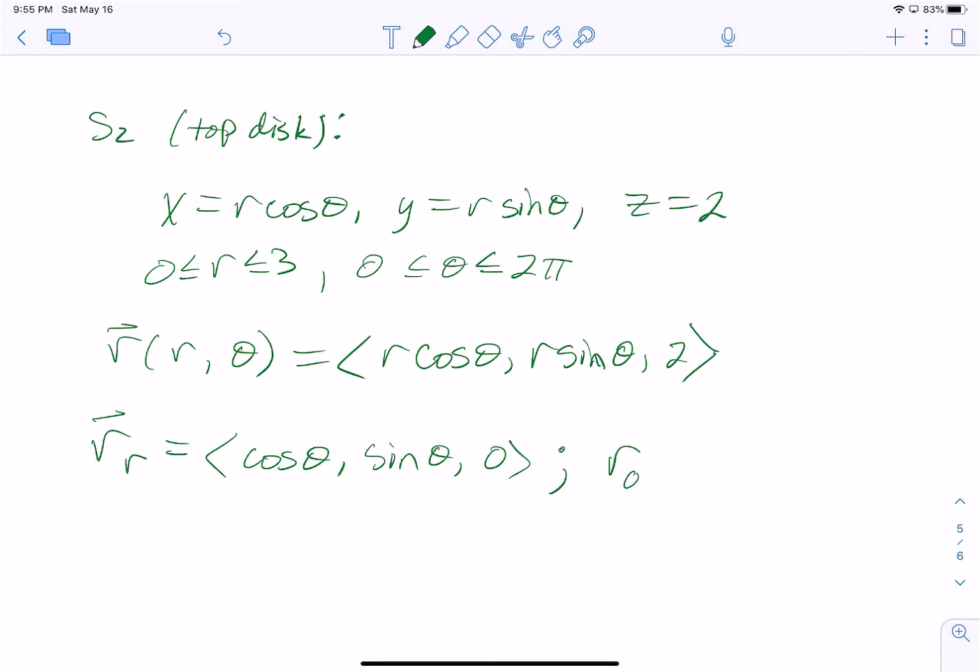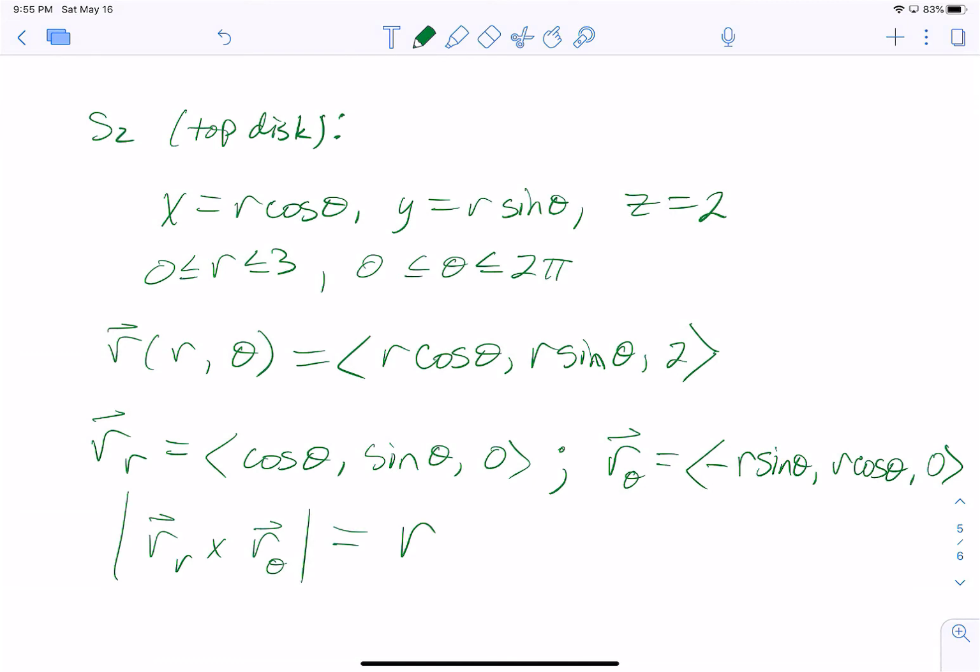The partial of r with respect to theta is equal to negative r times the sine of theta, r times the cosine of theta, 0. You will find that the partial of r with respect to r cross the partial of r with respect to theta is going to turn out to be r, the parameter.